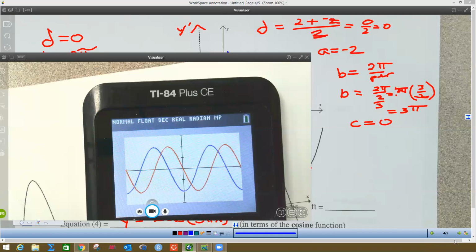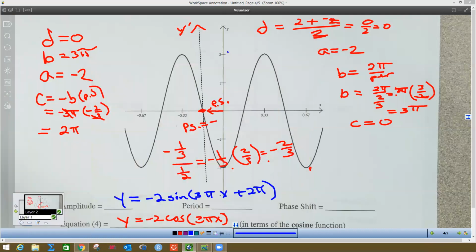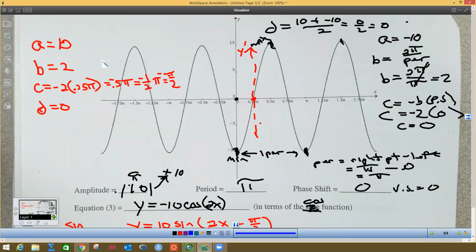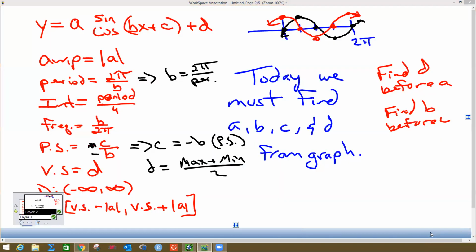All right. So we're going to go back and we're going to have to recalculate C. So we got to find out what we did wrong with C. So let's go back over here and look at our formula. It says to get, oops, wrong one. Let's go back one more. It says to get C, it's negative B times the phase shift. So let's go over here and look what we got.